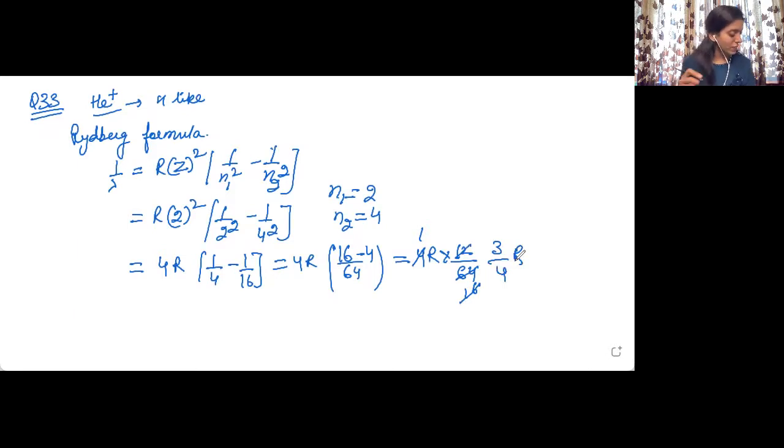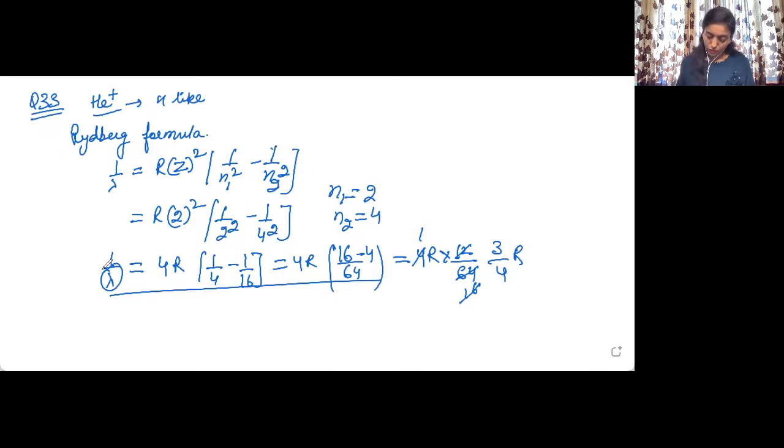Now we have been asked to tell, in the hydrogen spectrum, which transition will have the same wavelength as that of this very transition. So we need to tell what will be the value for n1 and what will be the value for n2 in case of hydrogen atom if we want to get the same wavelength.